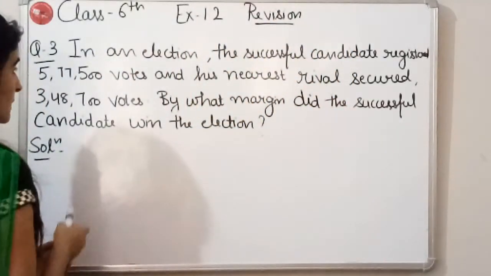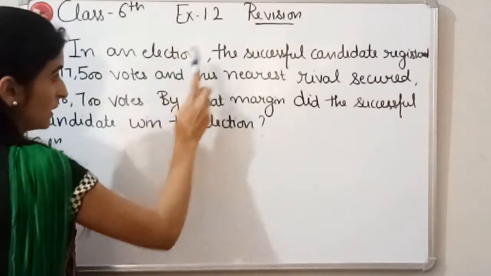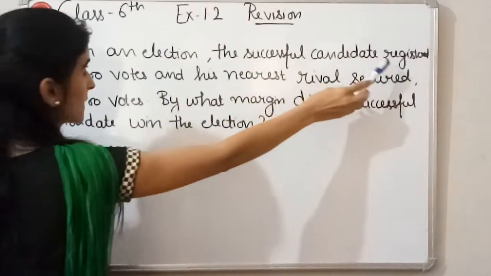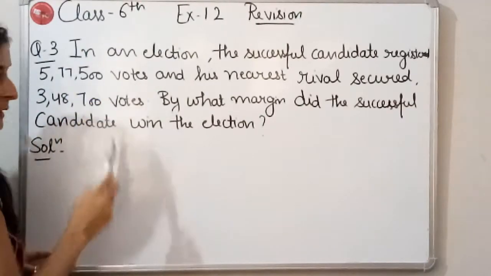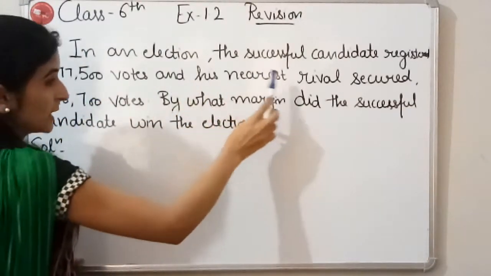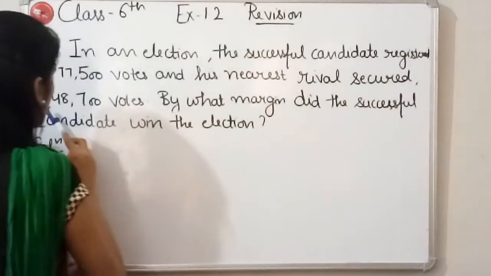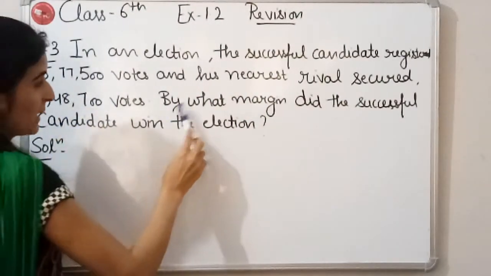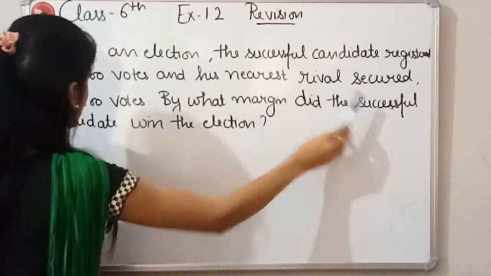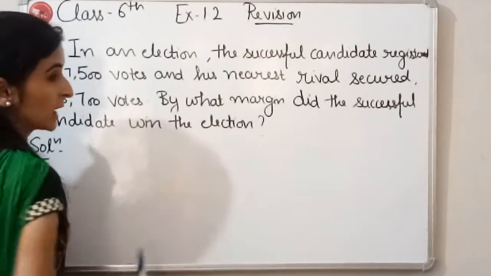Question number 3 was: in an election, the successful candidate registered 5,77,500 votes and his nearest rival secured 3,48,700 votes. By what margin did the successful candidate win the election?